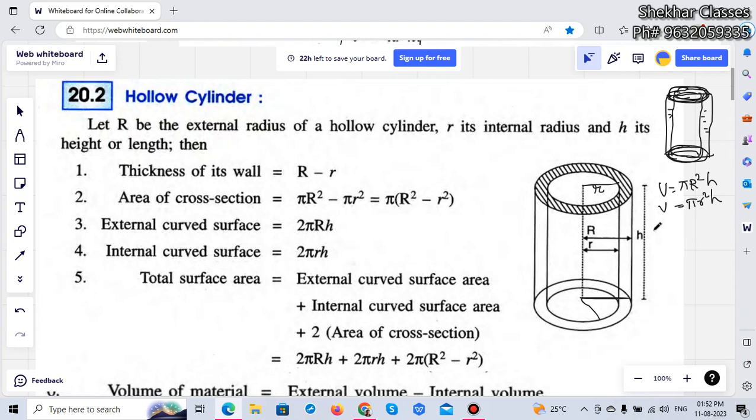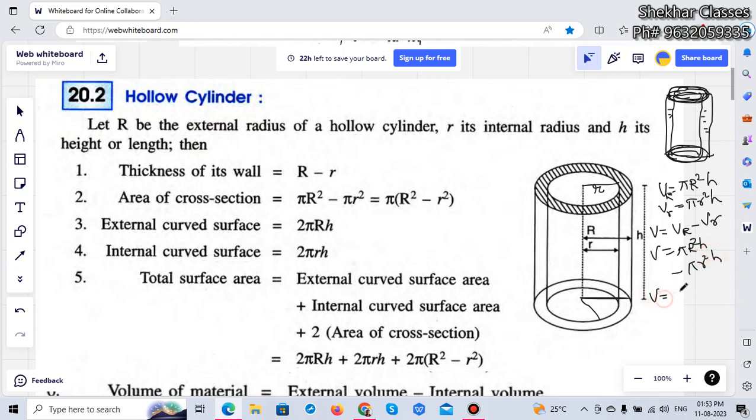So the remainder would be what? The volume of the remaining wood would be the volume with capital R minus the volume with small r. So it is pi capital R square h minus pi small r square h.